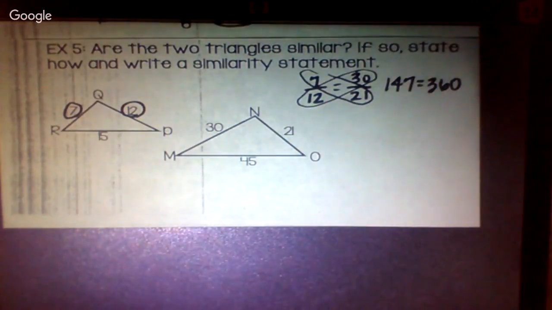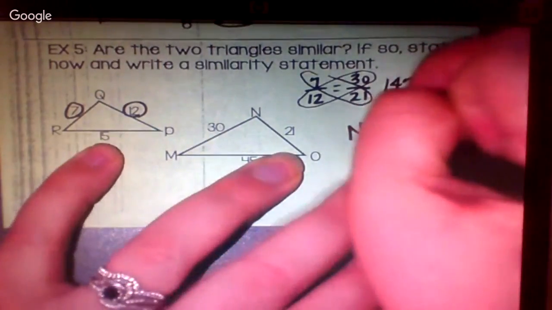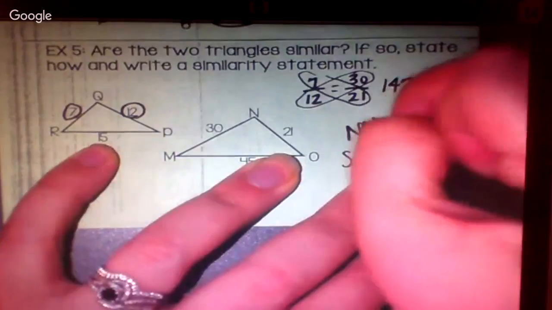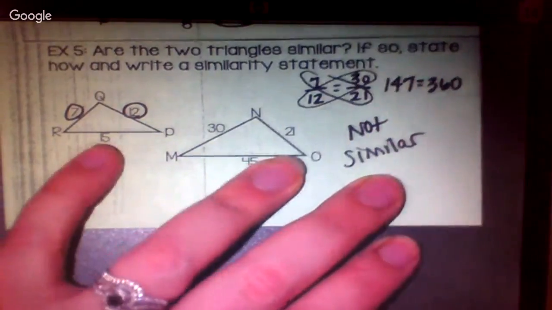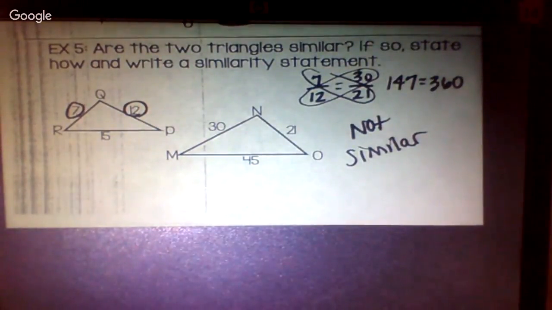So Joseph has saved the day and said 30 times 12 is 360. Do these two match? No. Automatically not similar. Okay, so as soon as you find your first proportion that says no, that doesn't work, they're automatically not similar. So we can stop. Okay, these ones are not similar.